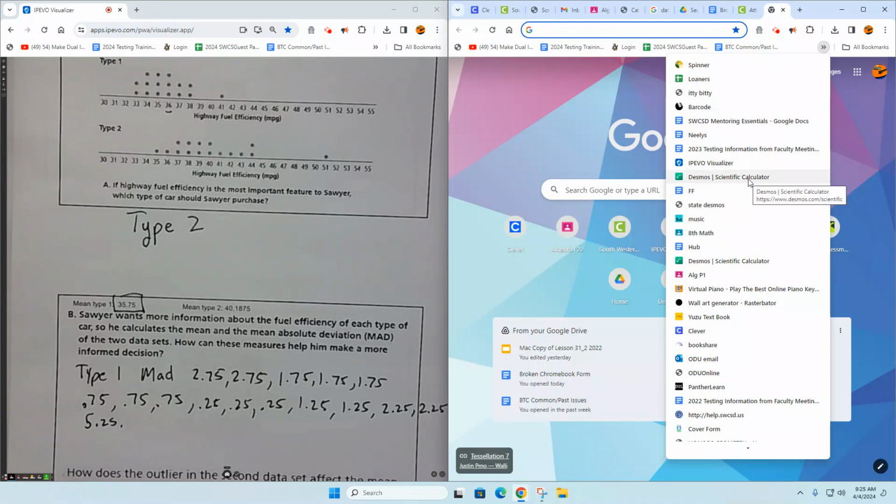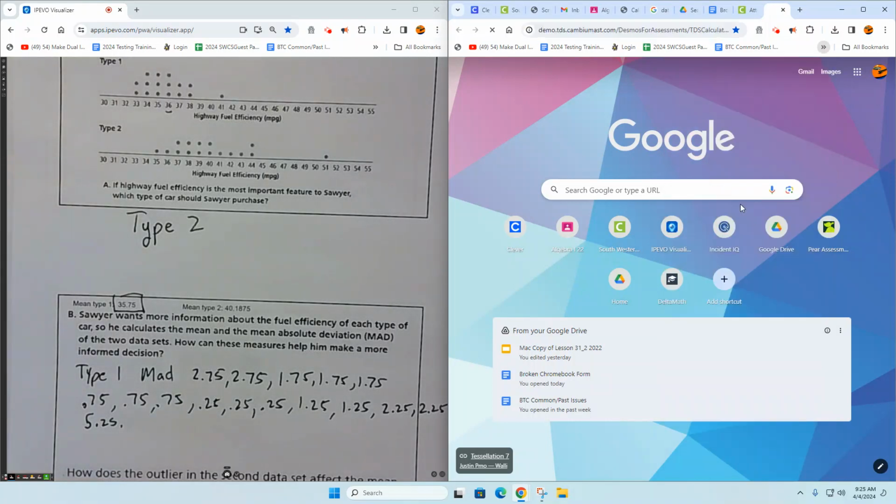We're going to go to our state Desmos calculator. Where is it? No, it's not that one. It's like a graphic look. Do you see it? Oh, there it is, state. Okay.